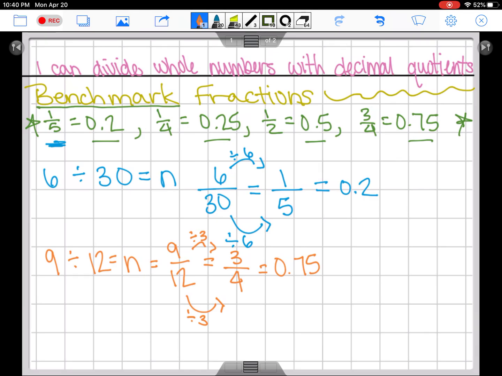This 75 hundredths here. And one thing that's easy to think about too is if you know 1/4, then you already know 3/4, right? Because 1/4 is 25 hundredths.